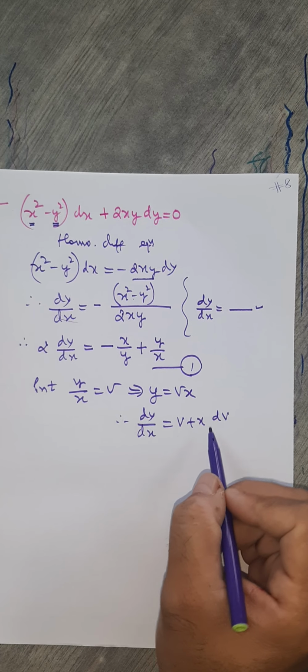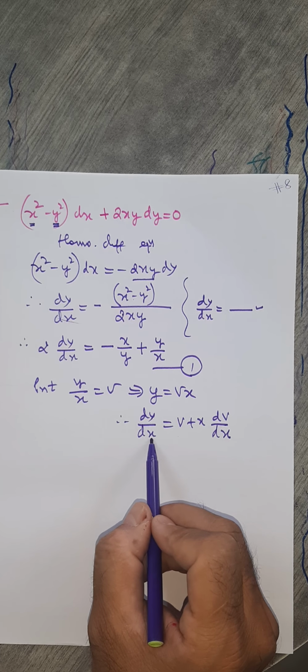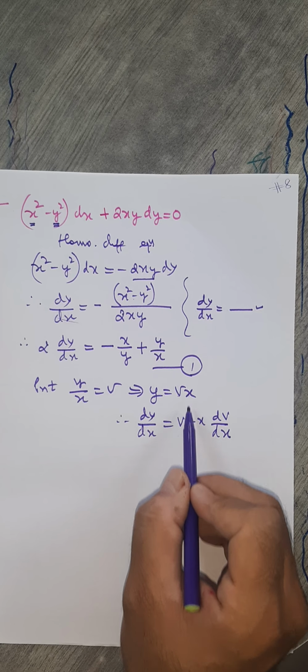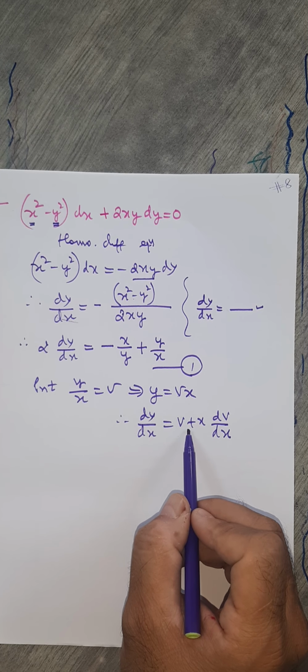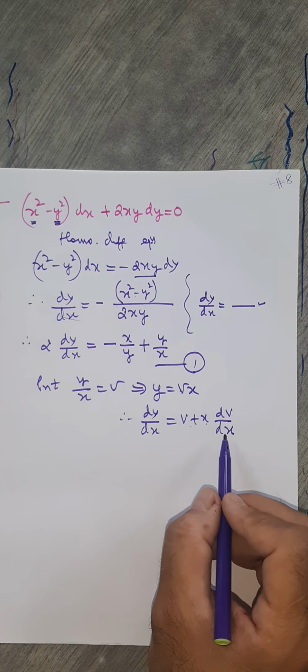Differentiation. So dy by dx equals to v plus x into dv by dx. What I did, you know, I've used the product rule. Differentiation of y with respect to x dy by dx, v being v as it is, differentiation of x with respect to x 1, x as it is, derivative of v with respect to x dv by dx.